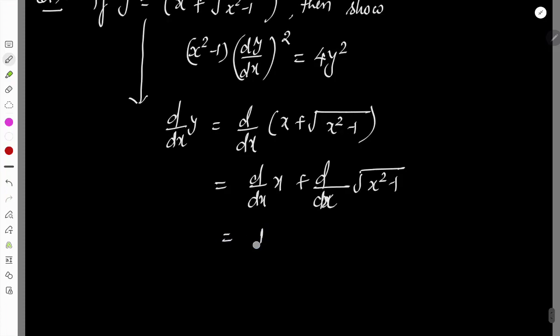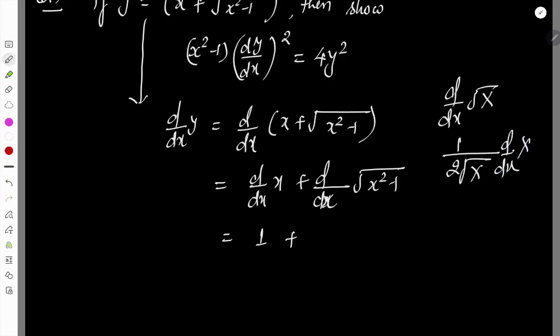So from here, dy by dx: derivative of x is 1, plus derivative of root. I am saying that at the place of x, if Mr. X is there, means it is some function of x. So you need to write 1 divided by 2 root Mr. X, and derivative of again what? Mr. X.